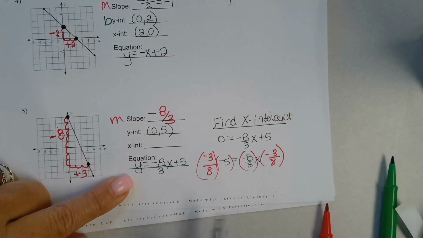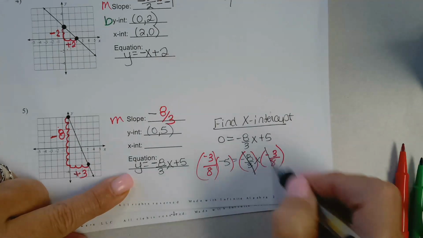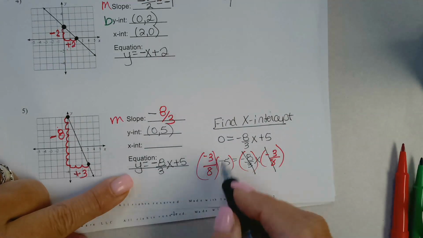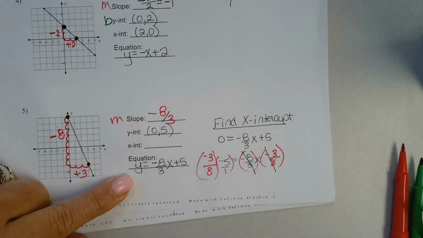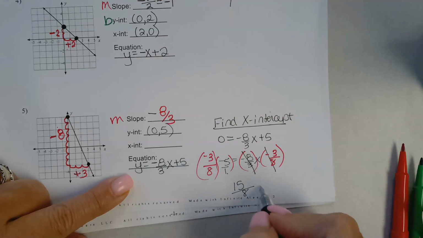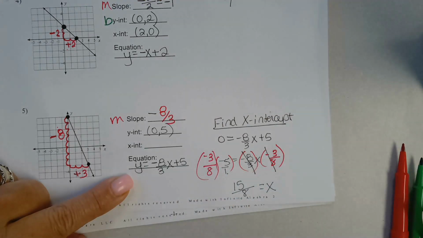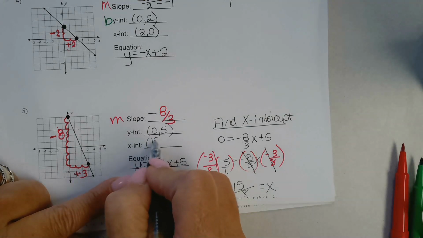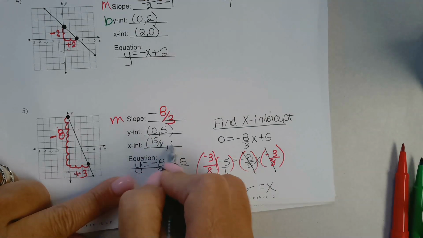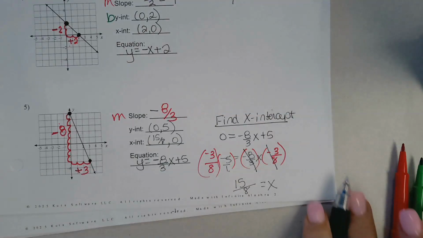All right, so this simplifies to 1. Put my whole number over 1 there. Multiply your numerator, you get a +15. Multiply the denominator, you get 8. So 15/8 is your x-intercept. So 15 divided by 8, 0.